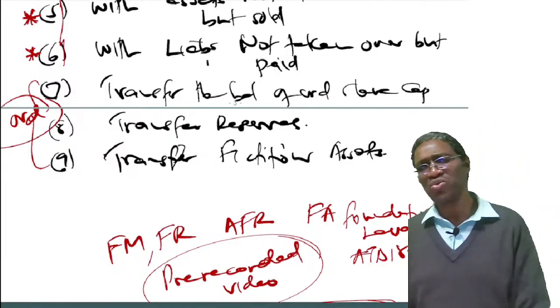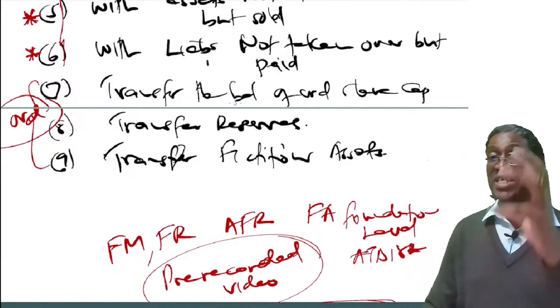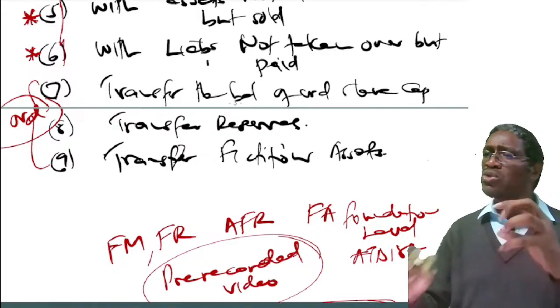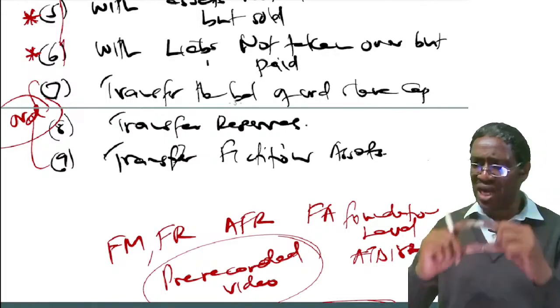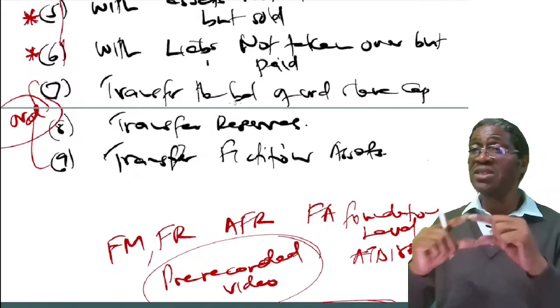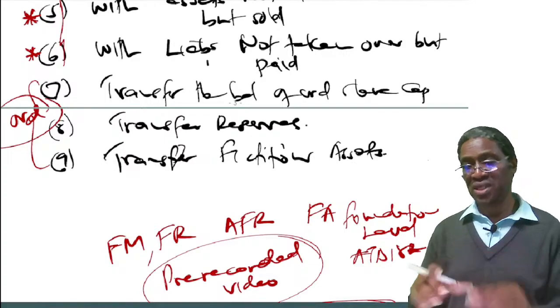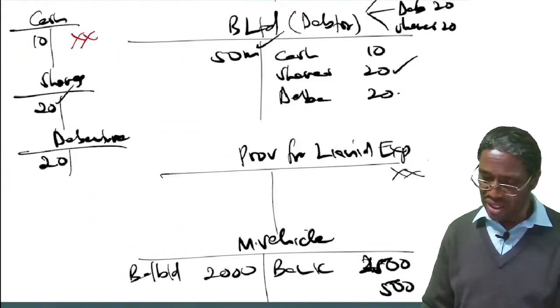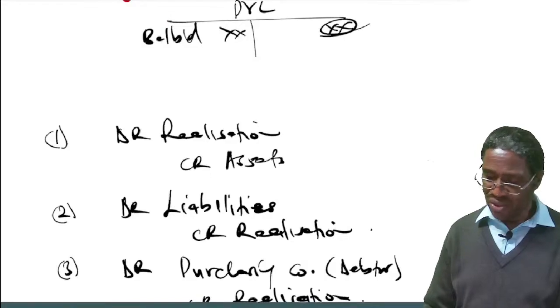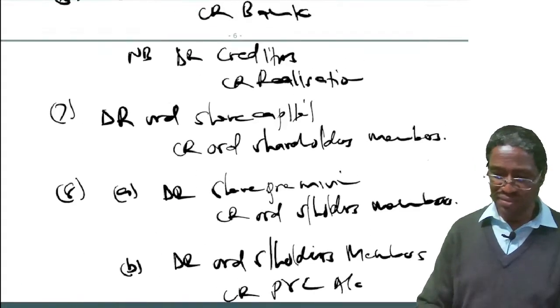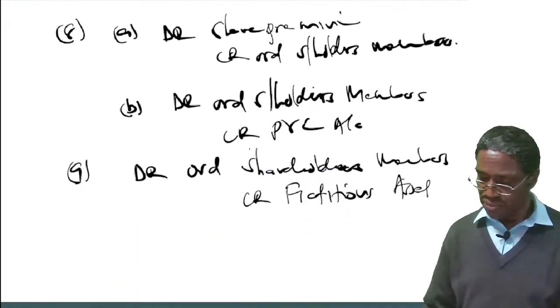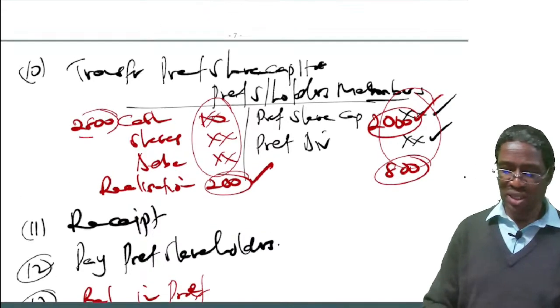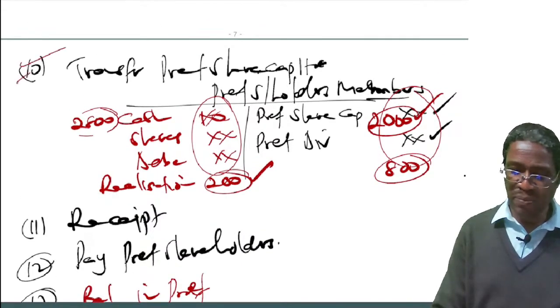So what I was doing in step 7, 8, and 9, I was opening a liability account for the ordinary shareholders. Then, when I came to number 10 here, I did the same for the preference.